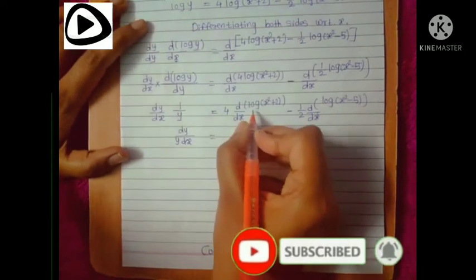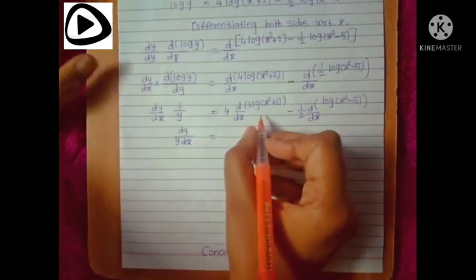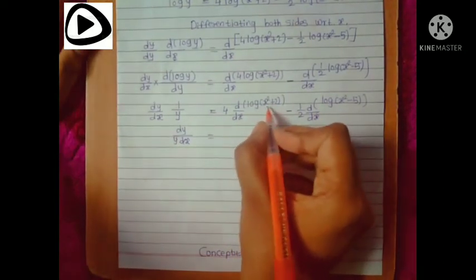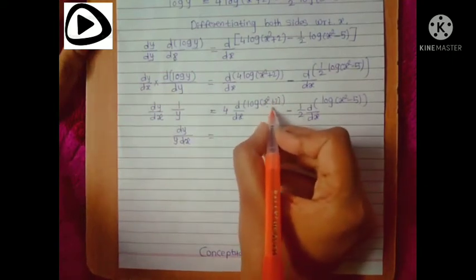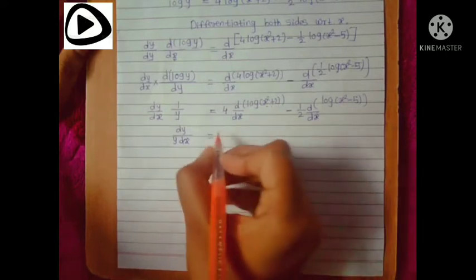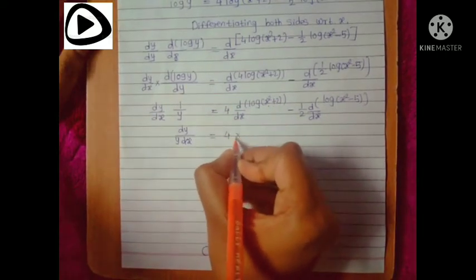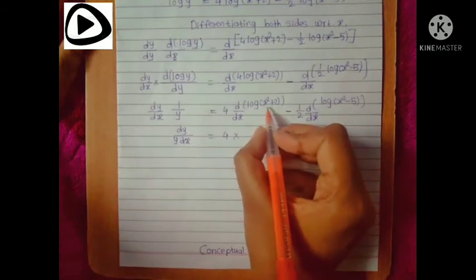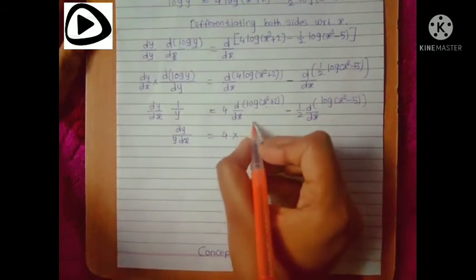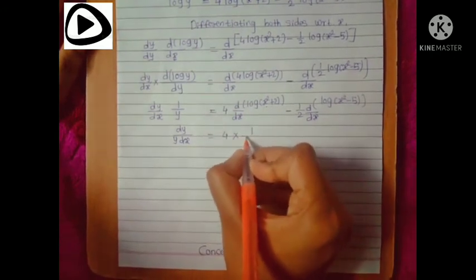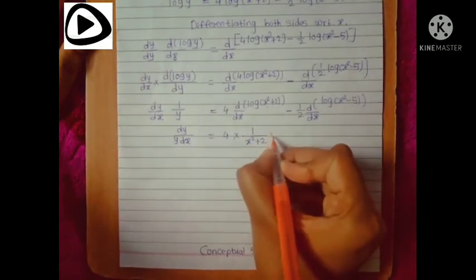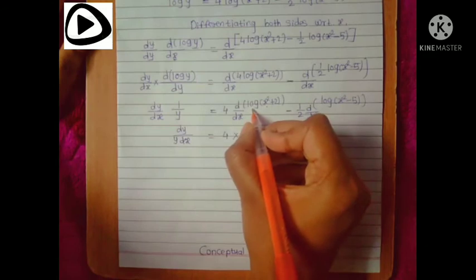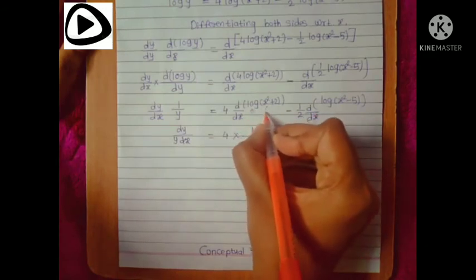Now the differentiation of log of x square plus 2. We can assume x square plus 2 as only one function x. The differentiation of log x is 1 by x, so we write 1 upon x square plus 2, into the differentiation of x square plus 2, since inside this log we have another function.